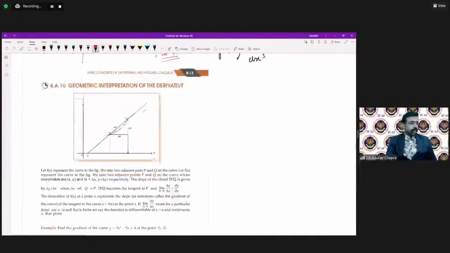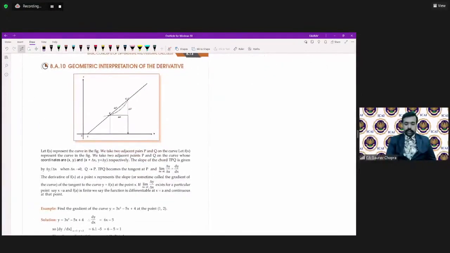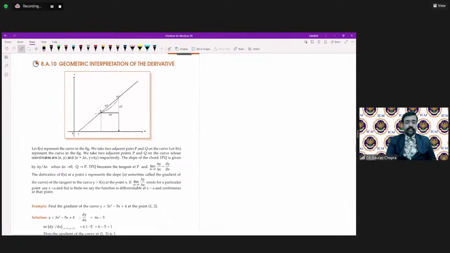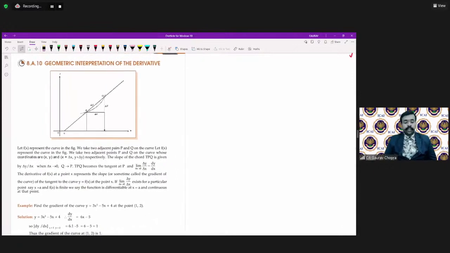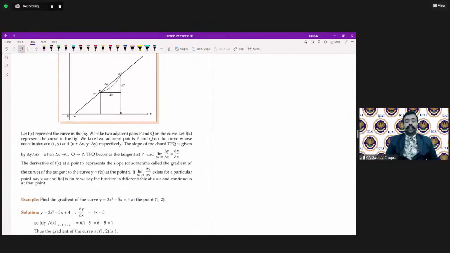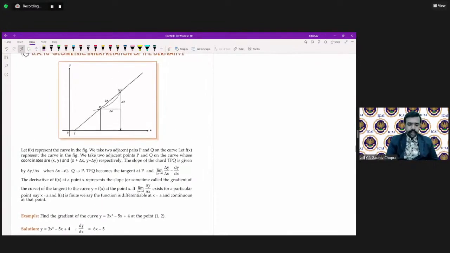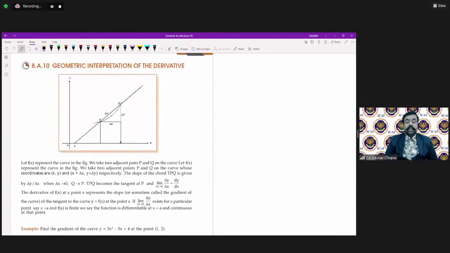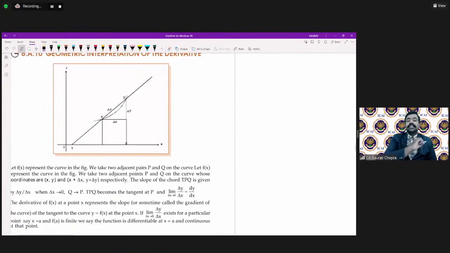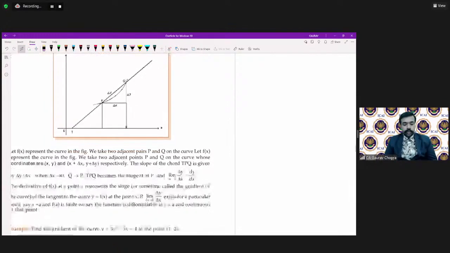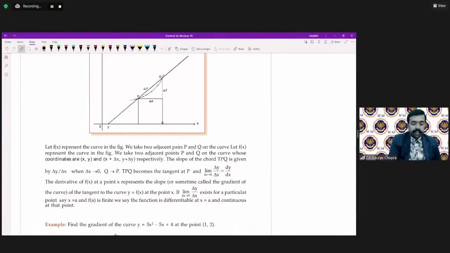Now we are going towards the next topic, which is the geometric interpretation of the derivative. What is the geometric interpretation of the derivative? Now see here, in the diagram, there is one curve and a straight line joining 2 points on the curve. Let f(x) represent the curve in the given figure.